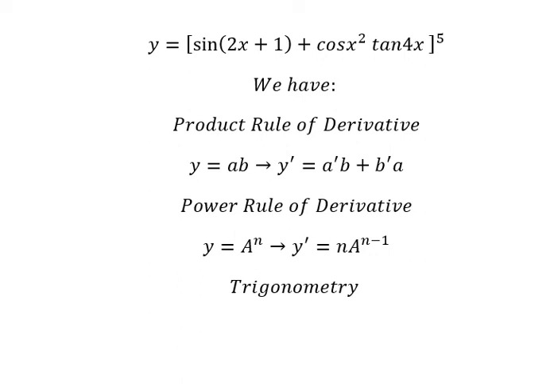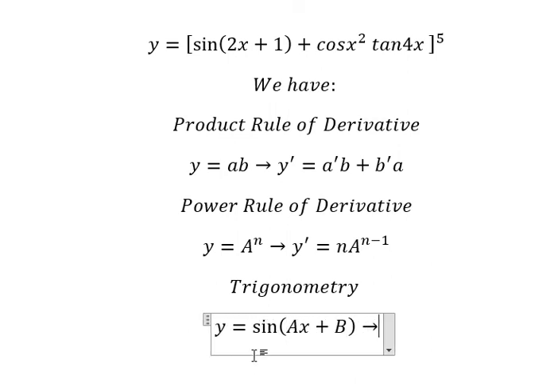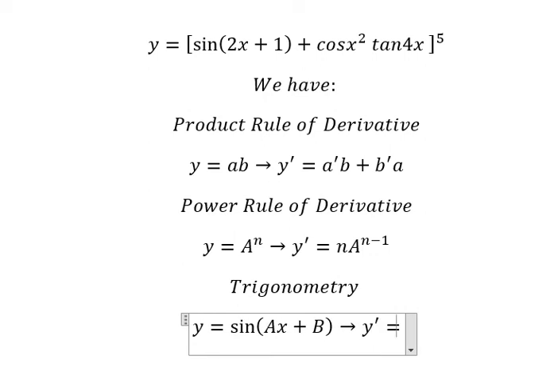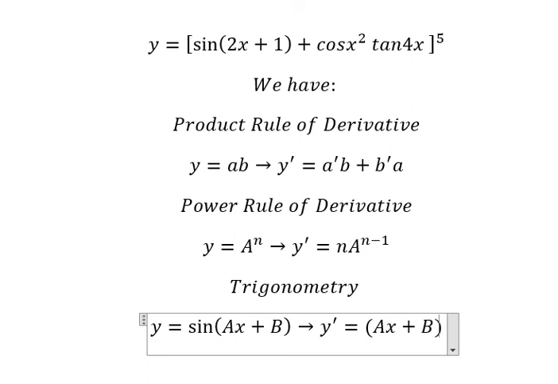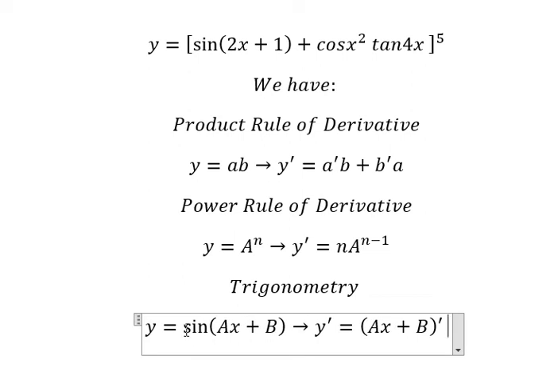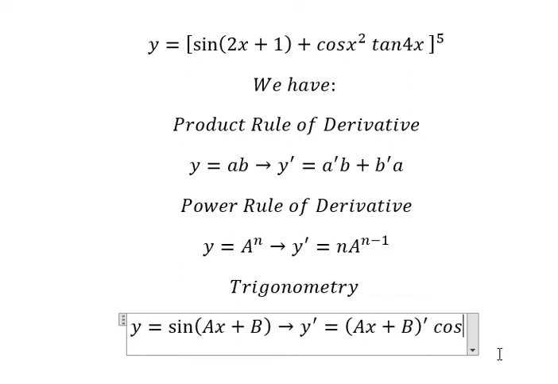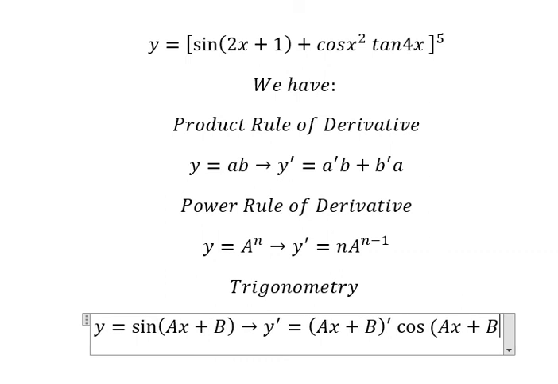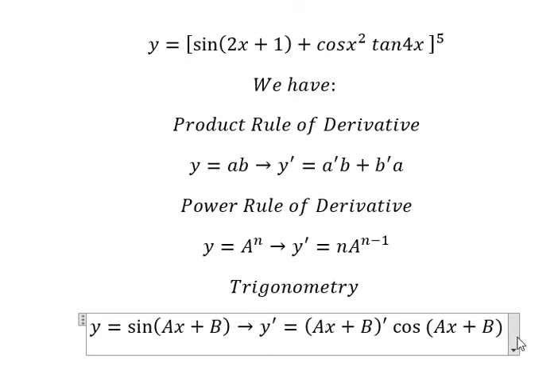So in this situation, if we have y equal to sine of ax plus b, so we do first derivative of this one. We need to do first derivative of ax plus b, and about sine we change to cosine. So first derivative of ax, so first derivative of x, we have number 1.